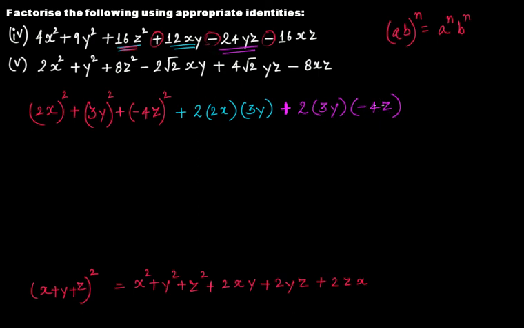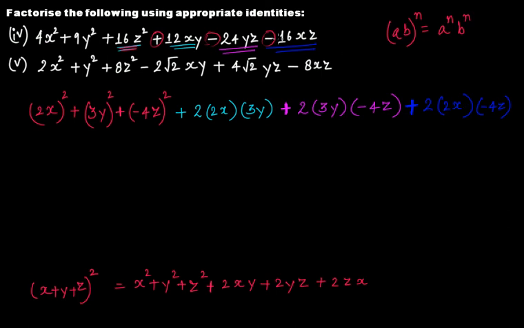So this one is here. Now this is minus 16xz. So if you are dealing with this one, write plus here, and 2 multiplied by 2x, and you have now minus 4z. So 2 times 2 is 4, times minus 4 is minus 16, and xz. That's what we have here.